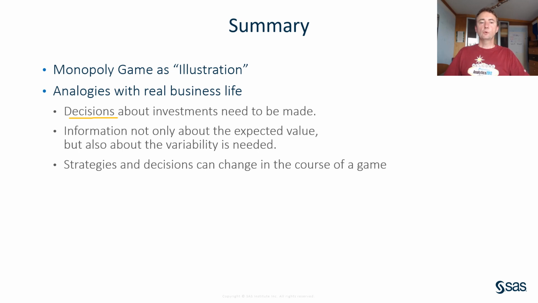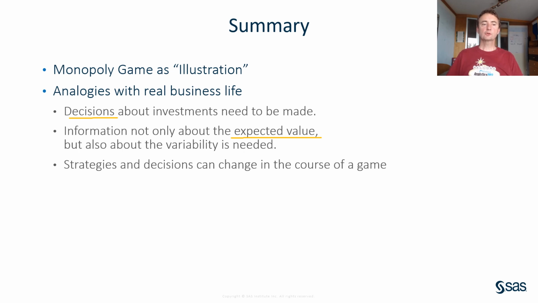It's also very important that you do not only want to gain information about the expected value, so where it is on average, but you would like to study the distribution, how are the outcome values distributed.